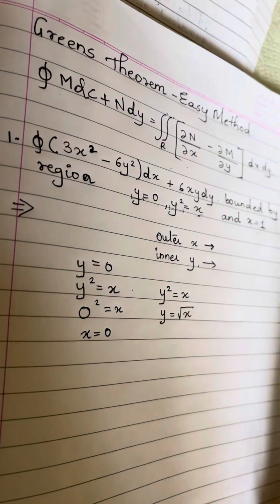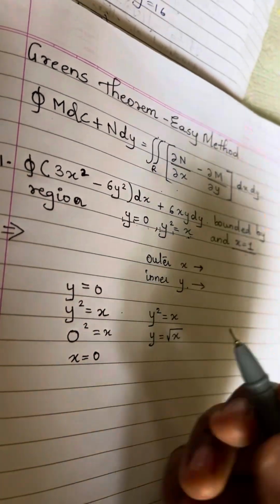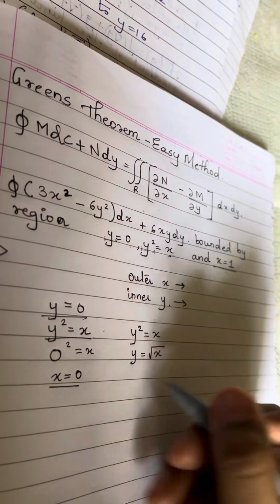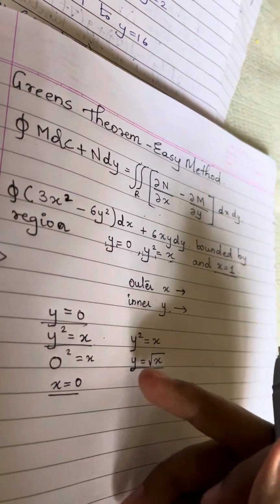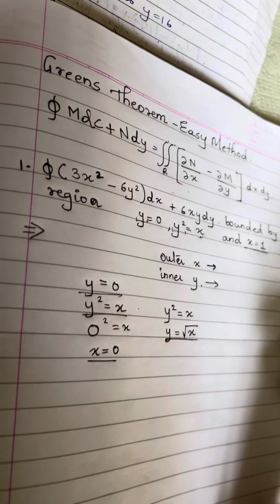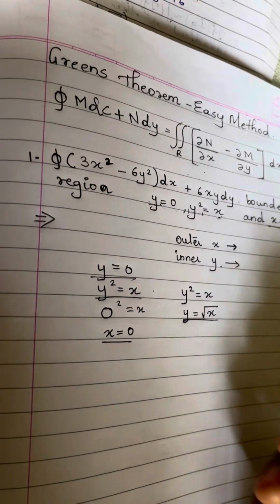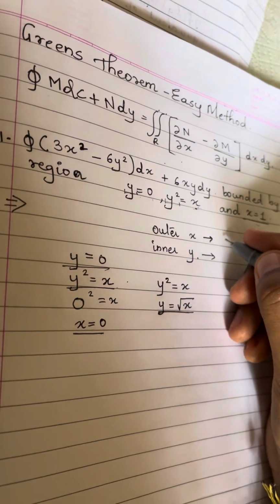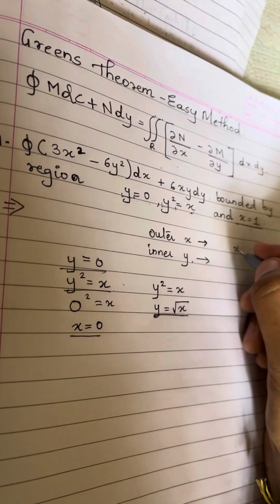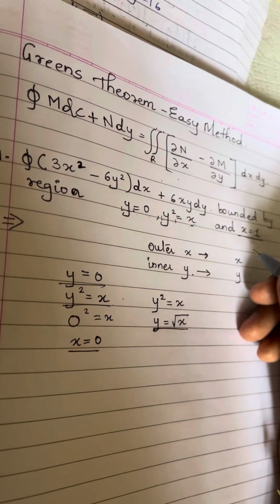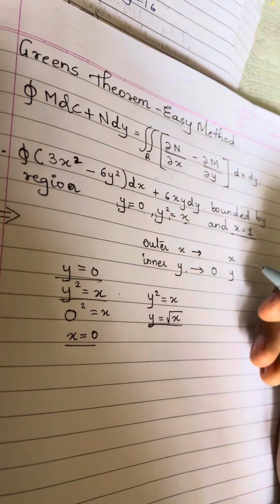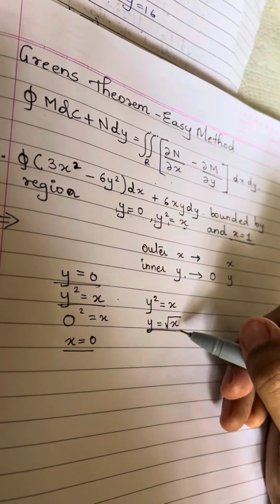So now we have two x's and two y's. Here you need to write for x and y. Here y is 0, and it is this one.